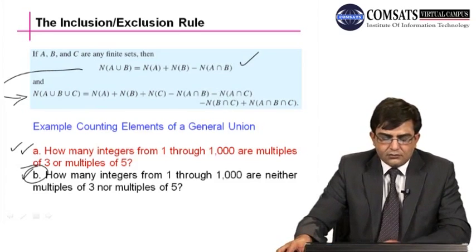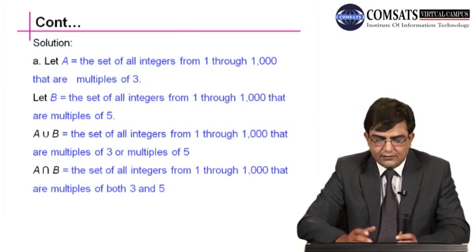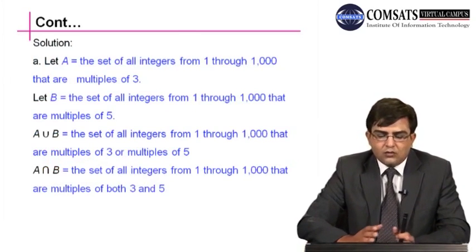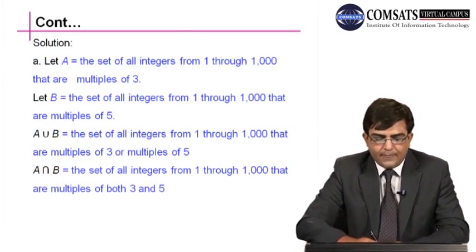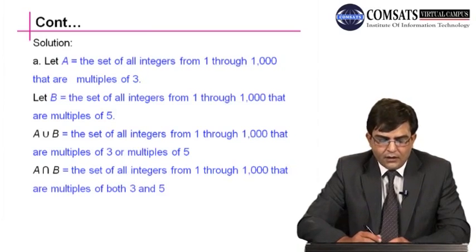To calculate the first part, we suppose that A is the set of integers from 1 through 1000 that are multiple of 3. A is the set which contains multiples of 3, B is the set which contains multiples of 5.